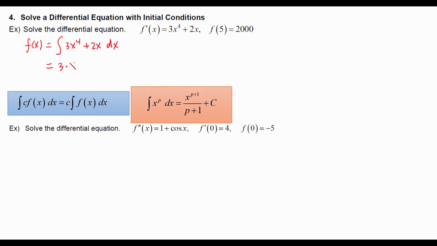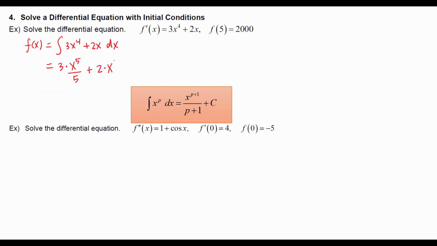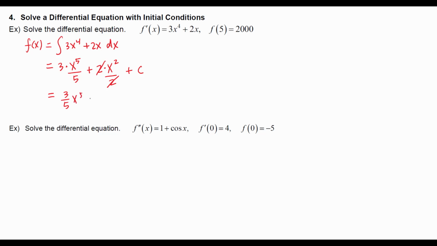Now my x to the 4th will gain a power, so it becomes x to the 5th divided by that power, plus 2 will be multiplied in the front, and then x will gain 1 power, so it becomes power 2 divided by that power, and then I need to add the constant c. When I clean it up, it is 3/5 x to the 5th plus x squared plus c. So I got the general solution for my f of x.